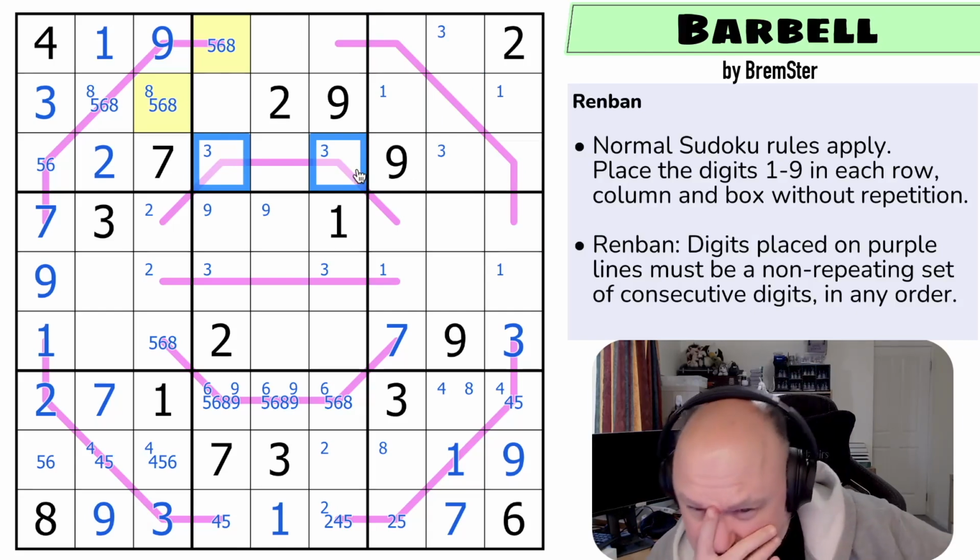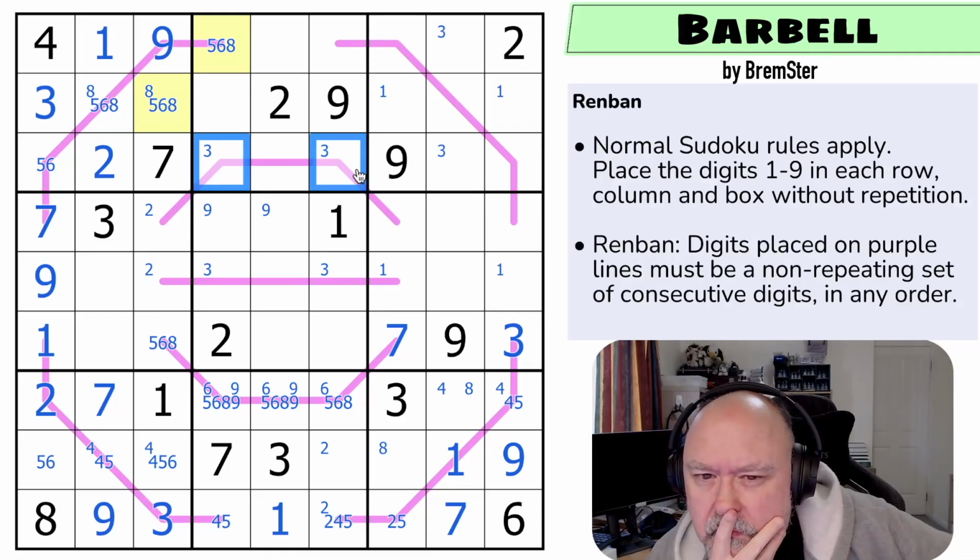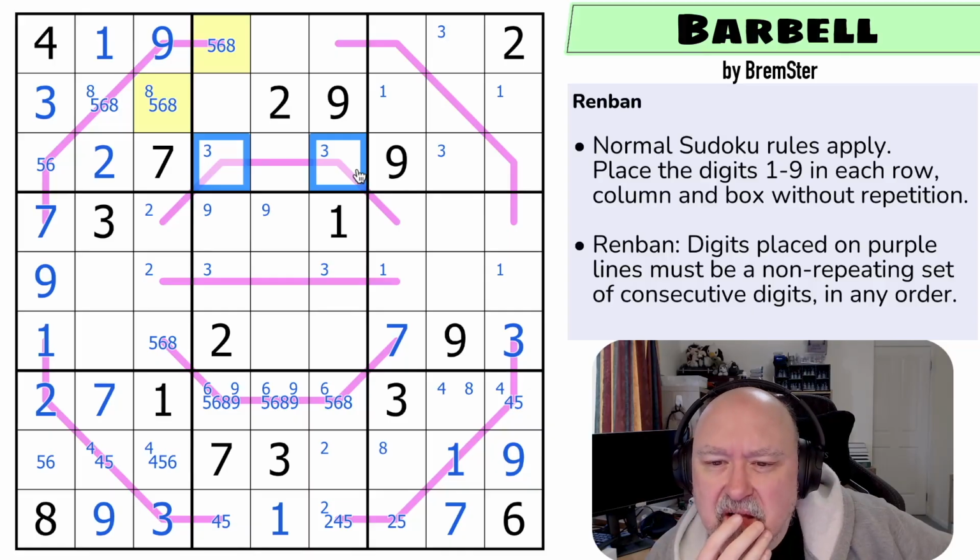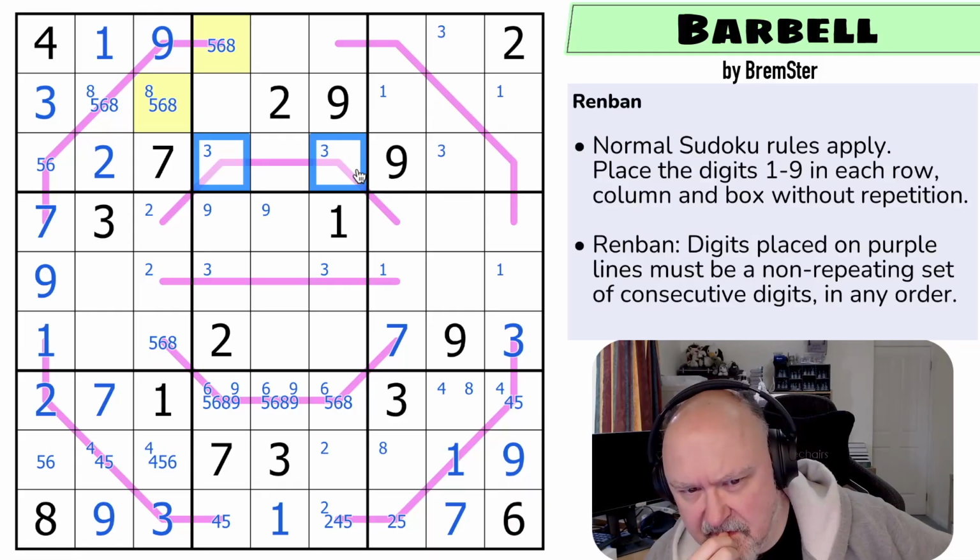I had to trust it. Was that a valid deduction? Was that a valid deduction?